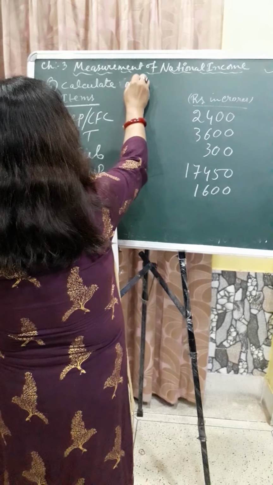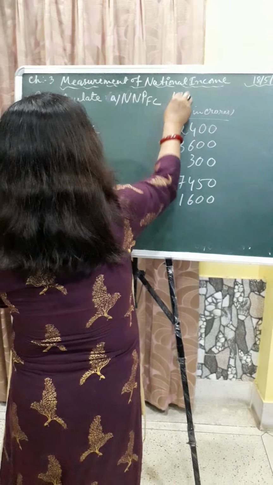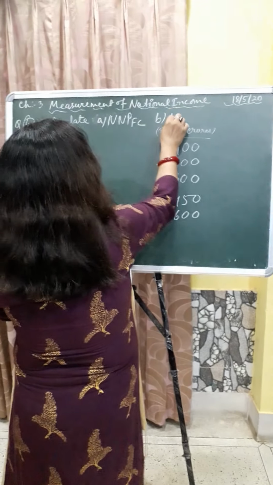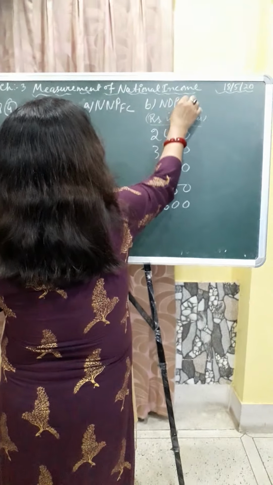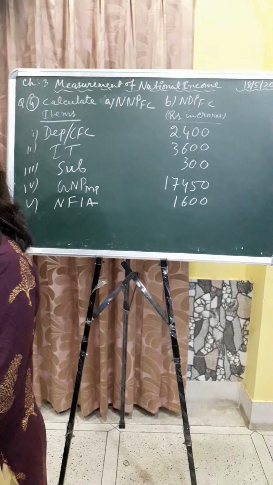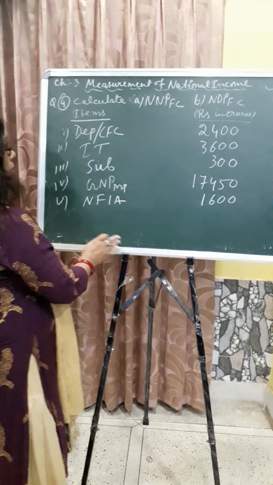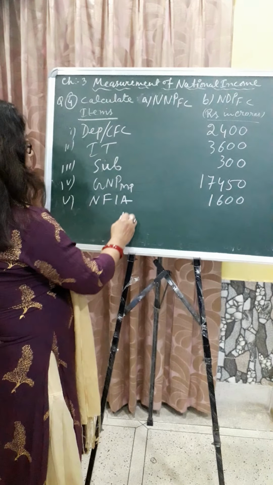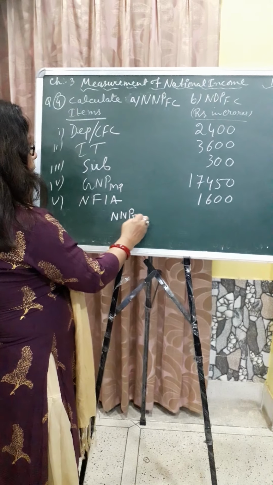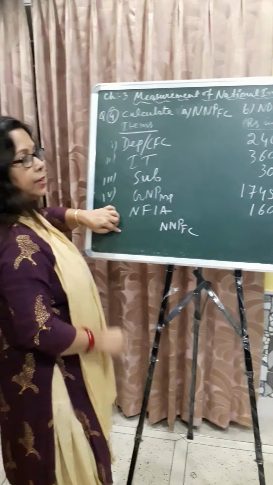So calculate A, NNPFC, and B, NDPFC. A and B you have to calculate. First you calculate A, NNPFC. From these items, GNPMP is given, so you write GNPMP on the right side.